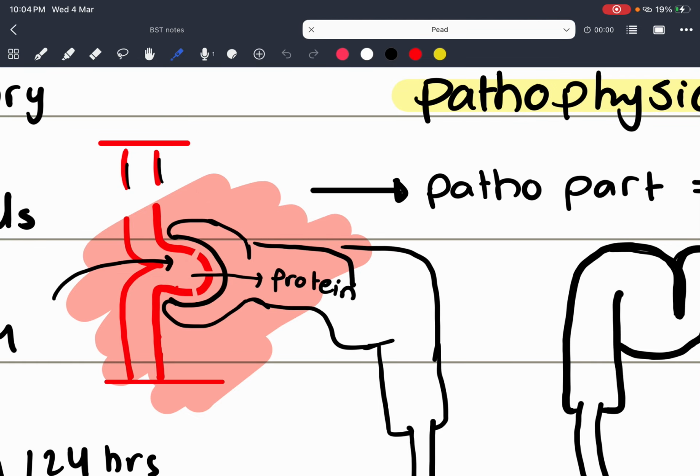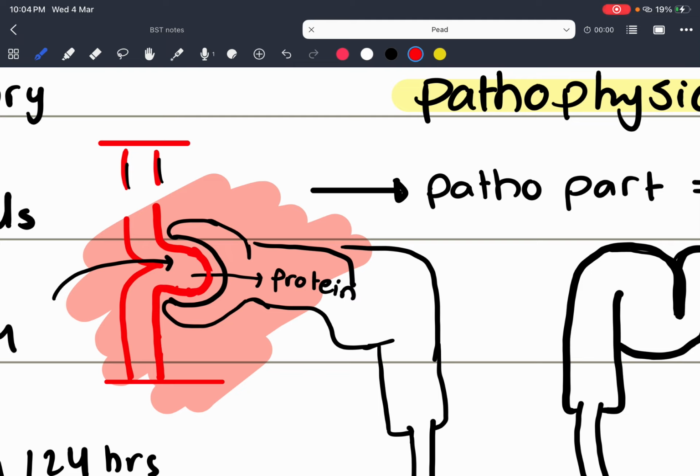So this is normally supposed to be closed. The podocyte doesn't allow the protein, the permeability is very small, and the protein is bigger in micrometers.